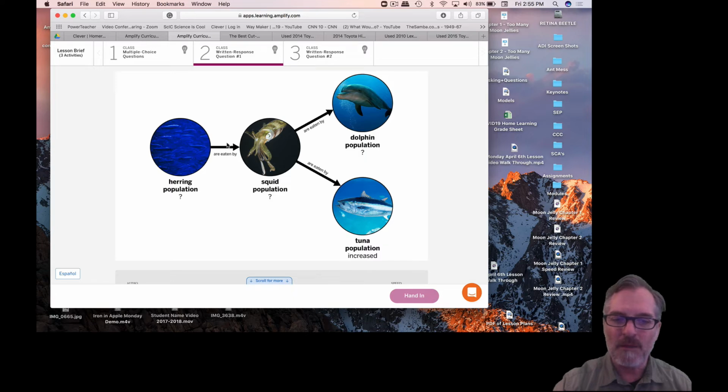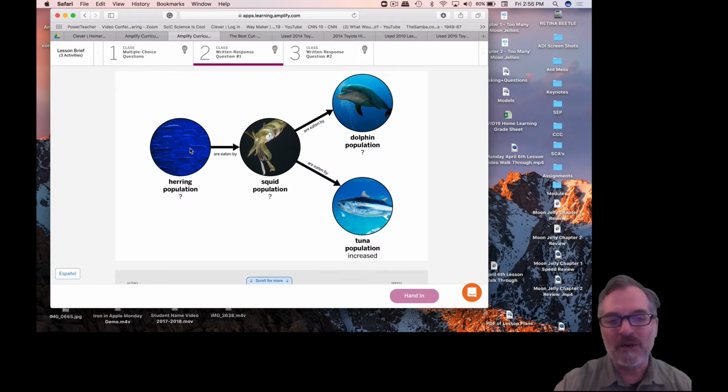Now again, remember that these arrows do not mean that the herring eat the squid and the squid eat the dolphins. We know that the dolphins eat the squid and the tuna eats the squid and the squid eat the herring. So what are these arrows pointing to? Yeah, that's correct.